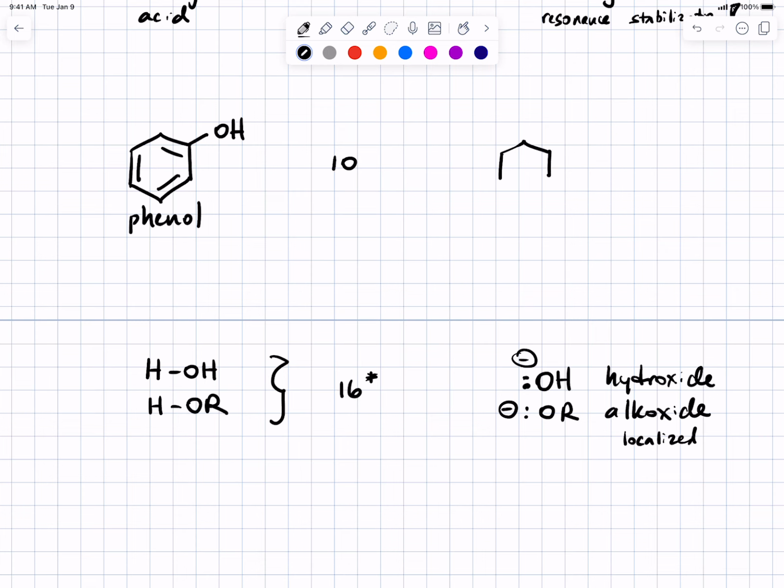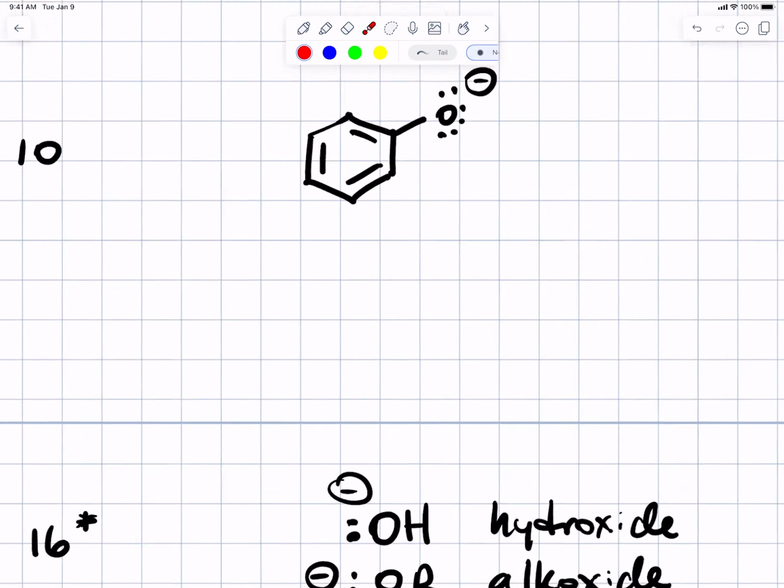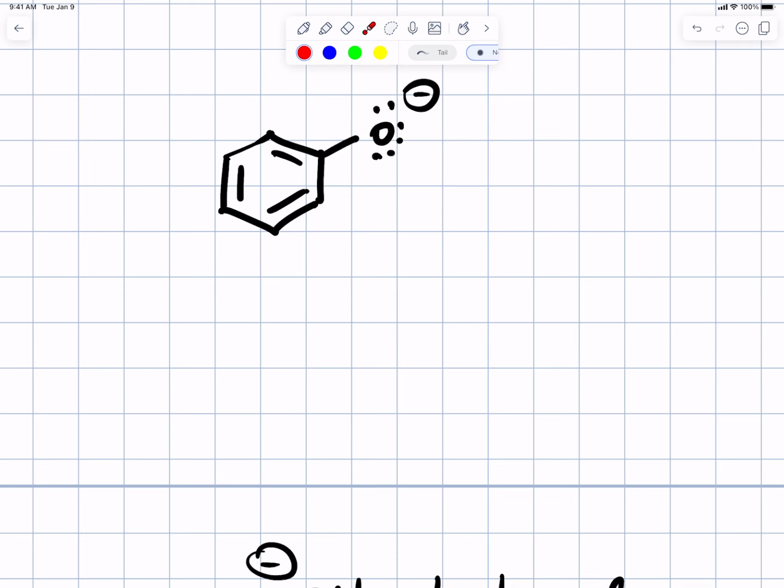But if I draw the negatively charged conjugate base for you, again you have a situation where you have a negative charge adjacent to a pi bond, and that is one where you can draw resonance structures.